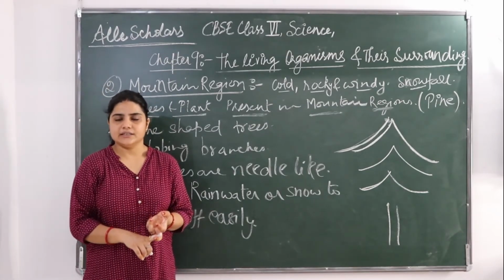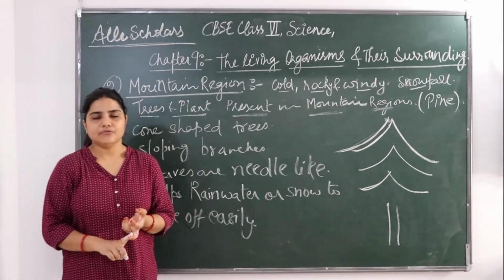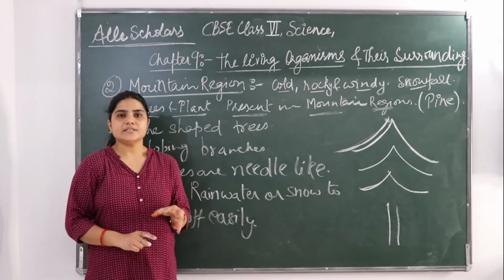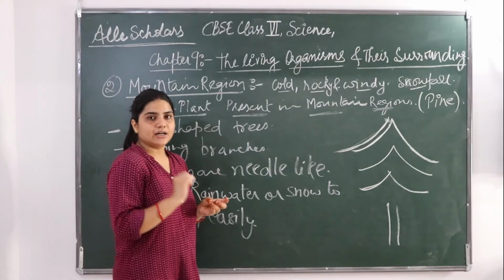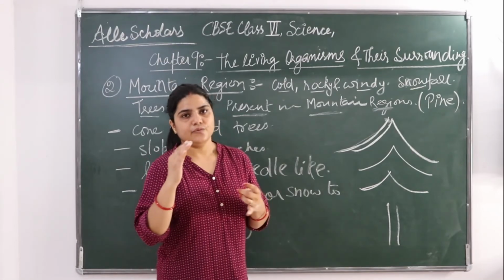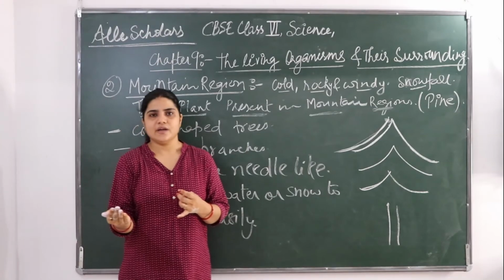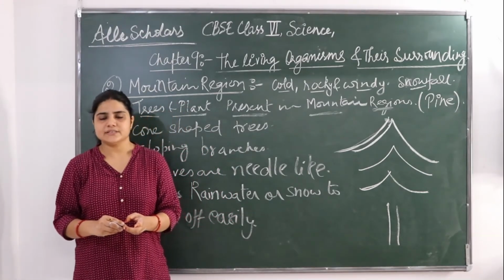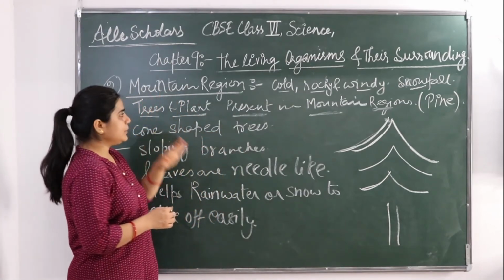Terrestrial habitat are the animals or plants that live on the land. Okay, fine. So in terrestrial we have seen two types of habitat, that is a desert habitat in which we have seen plant of desert habitat, that is cactus we have taken as example, animal of desert habitat, camel we have taken. Then we have discussed the mountain regions.